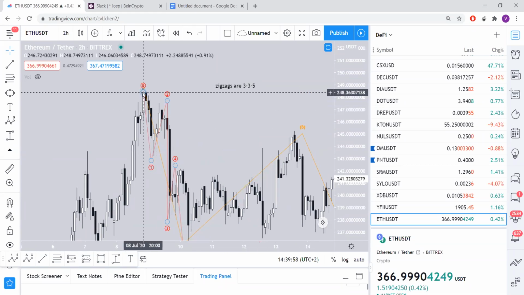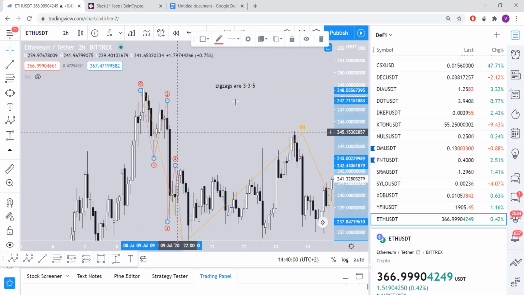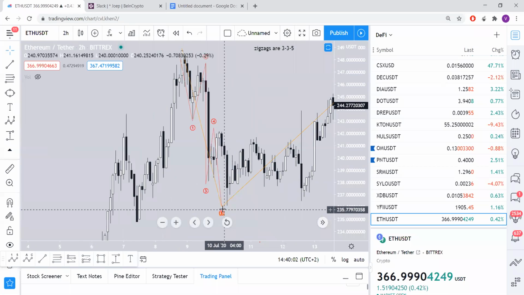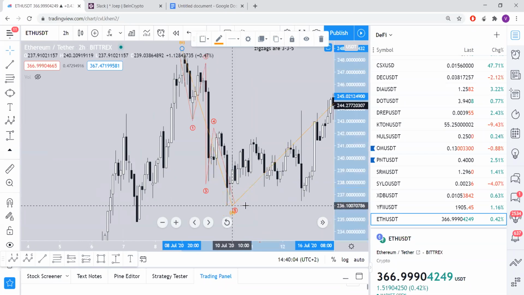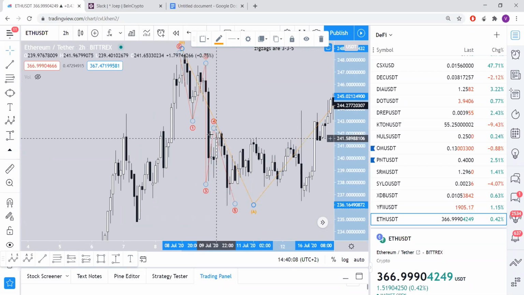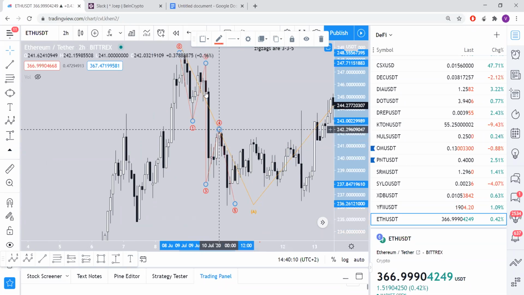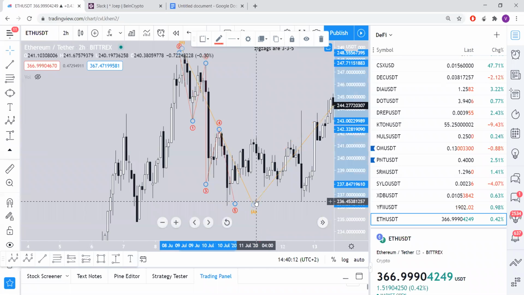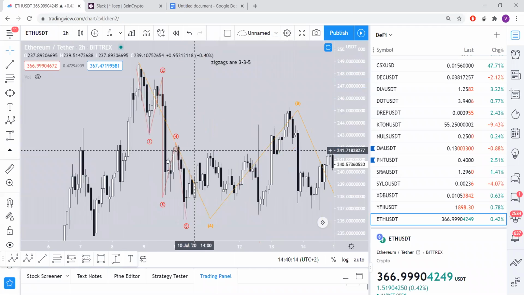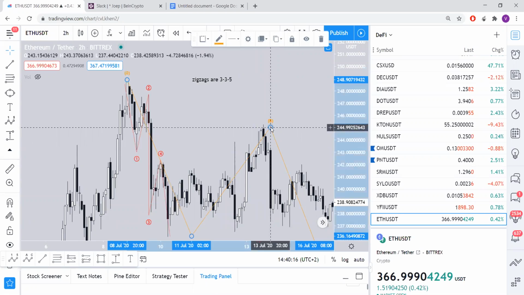Now, keep in mind the 3 Elliott wave rules from prior, right? So, first of all, even though this is the correction, the A wave is an impulse, right? Because the A wave is comprised of 5 waves, so A is an impulse. Now, when this is a correction, the B wave will be much shorter.